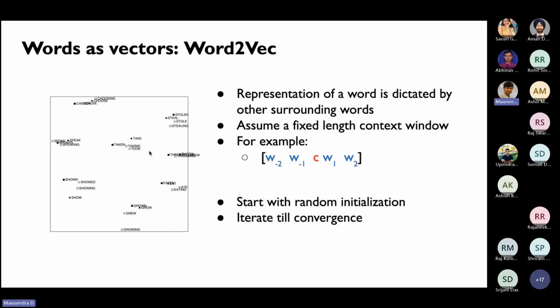So here the assumption that they tried to make is that any word, depending on what other words it co-occurs with, based on that we can have a proper learning framework with specific objective functions, which can actually give us very good representations of the words.